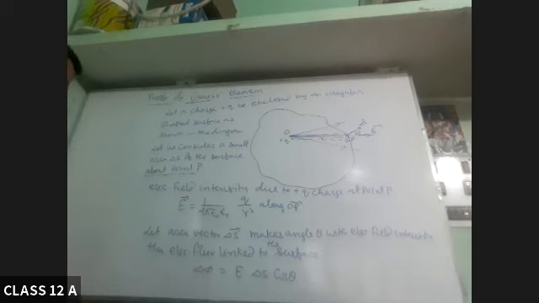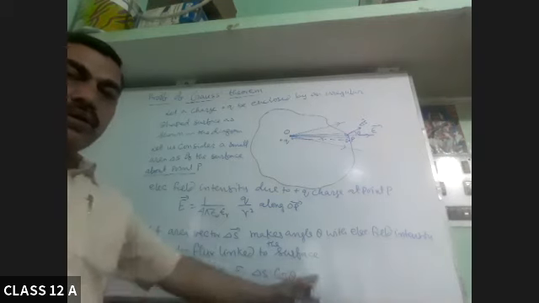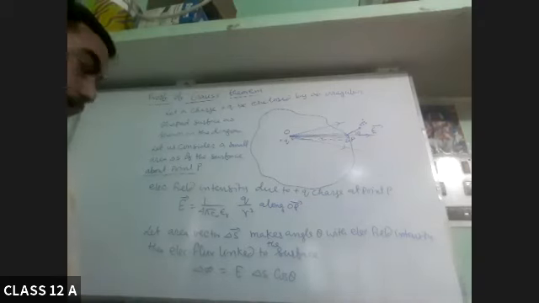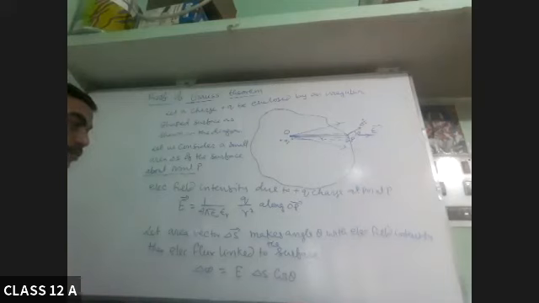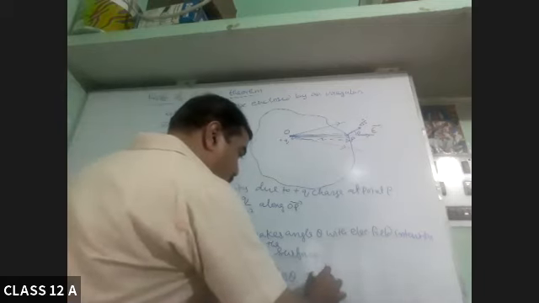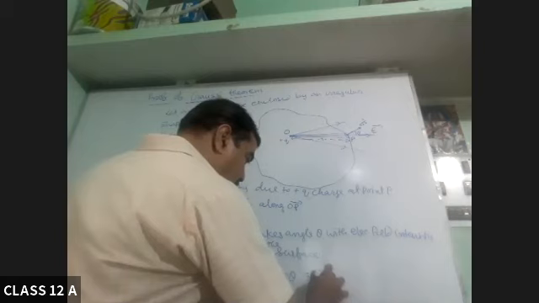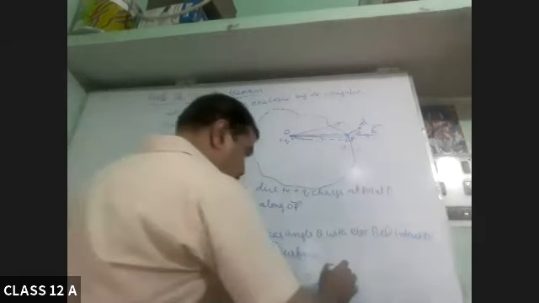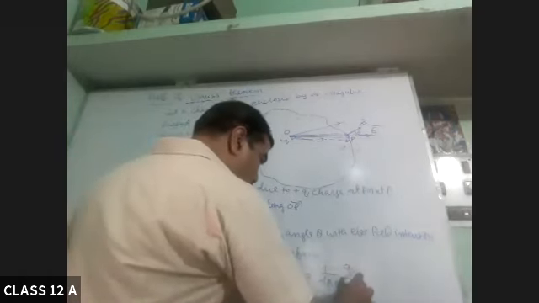Electric flux is E A cos theta, and here the area we have considered is delta S. So this is 1 by 4 pi epsilon, in place of epsilon r we are writing 4 pi epsilon, Q over R square.